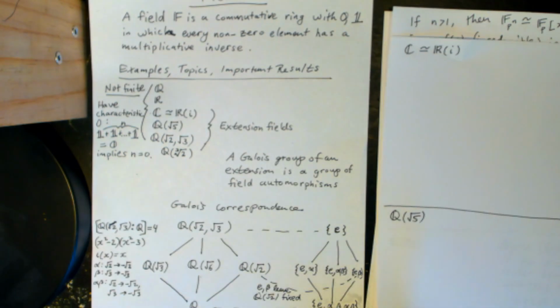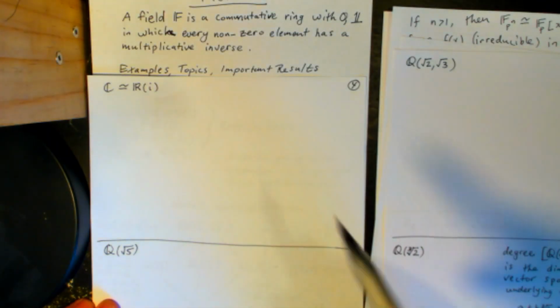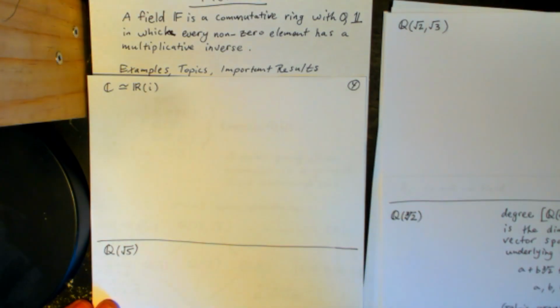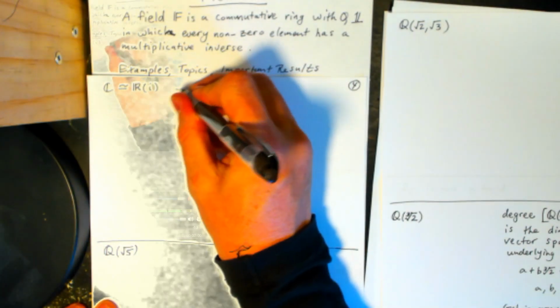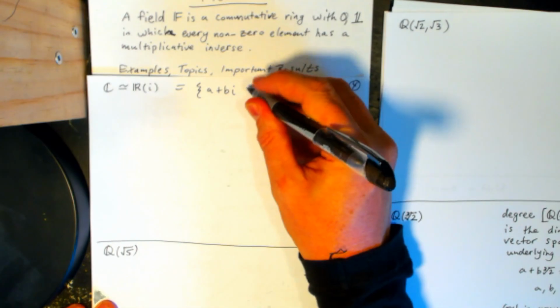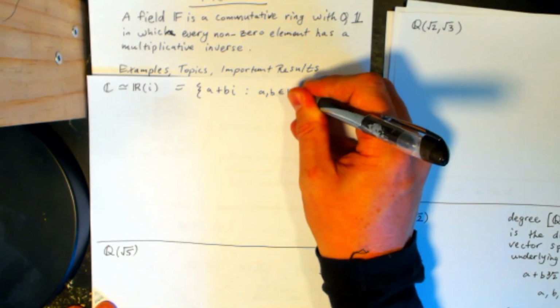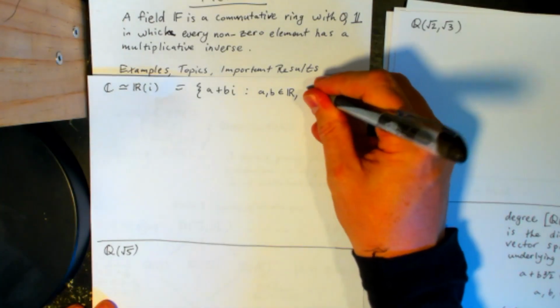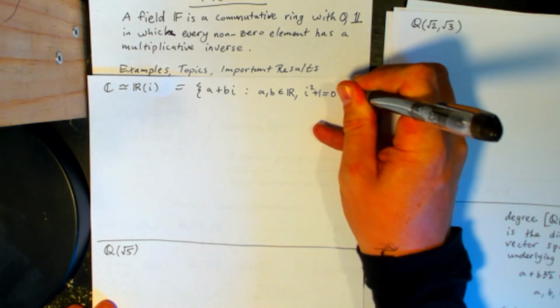So now we'll talk about the complex numbers. Okay, so the complex numbers form a field. Now this is equal to the set of all A plus Bi, such that A and B are real numbers, and i squared plus 1 is equal to 0.